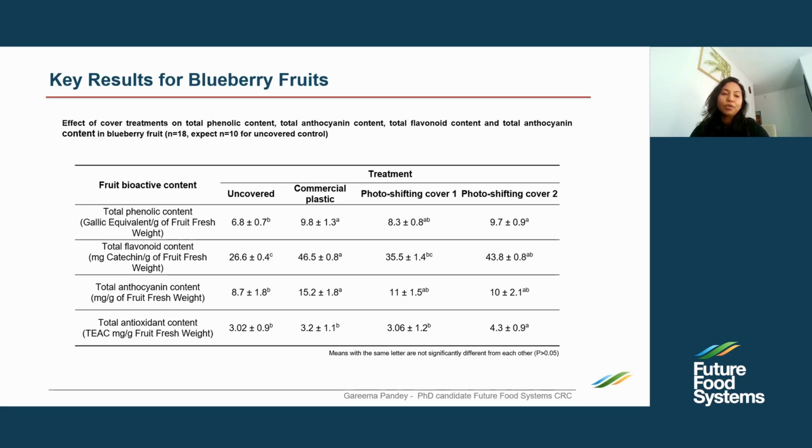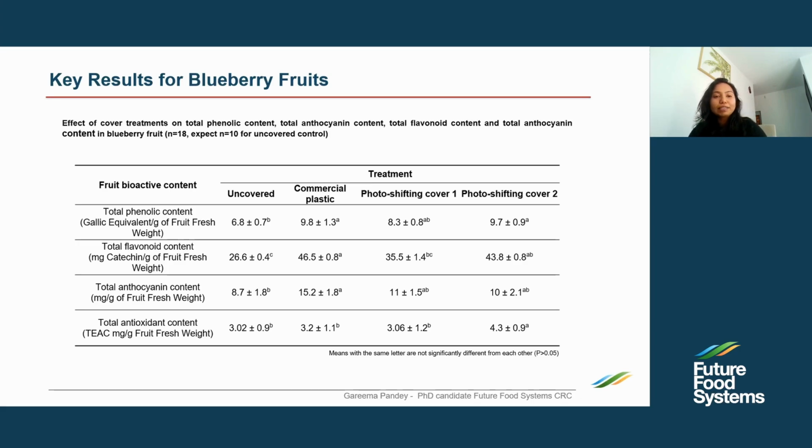In regards to the photoselective film which shifted light towards red, which is LD620, it has shown a trade-off: it increased the growth parameters, but not the fruit bioactive compounds.